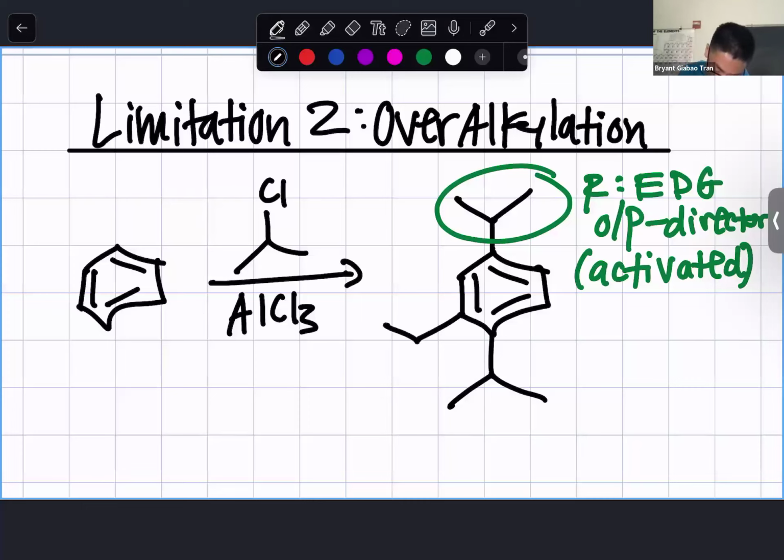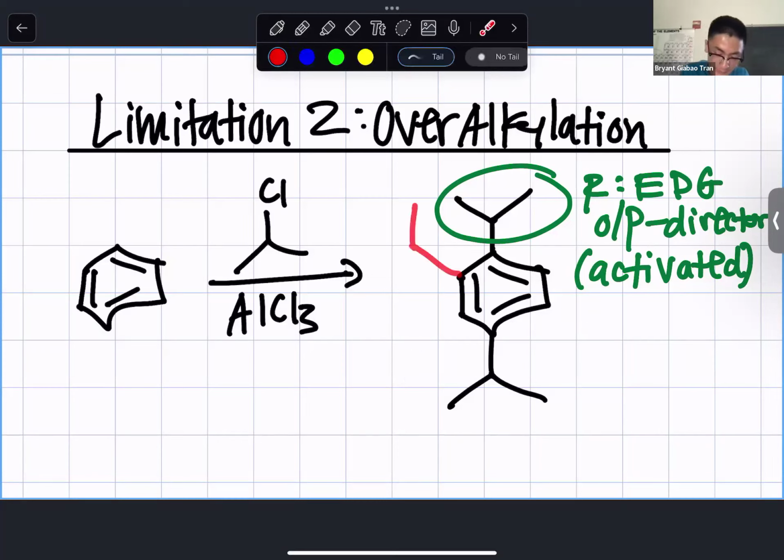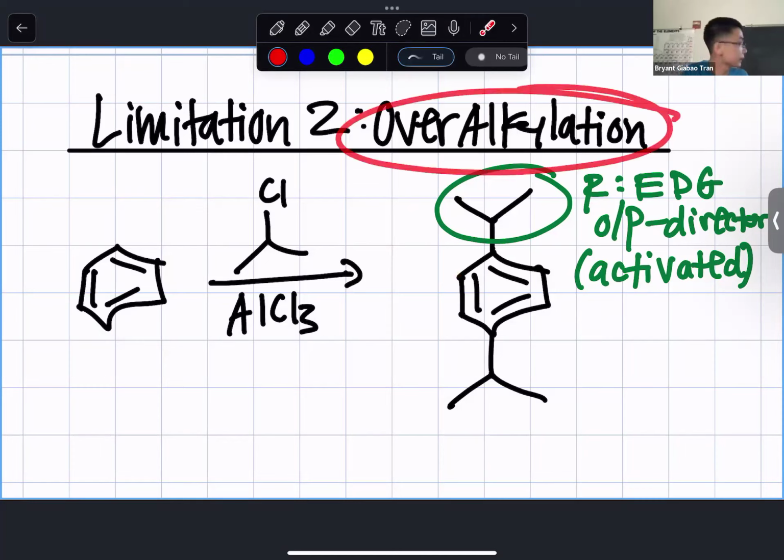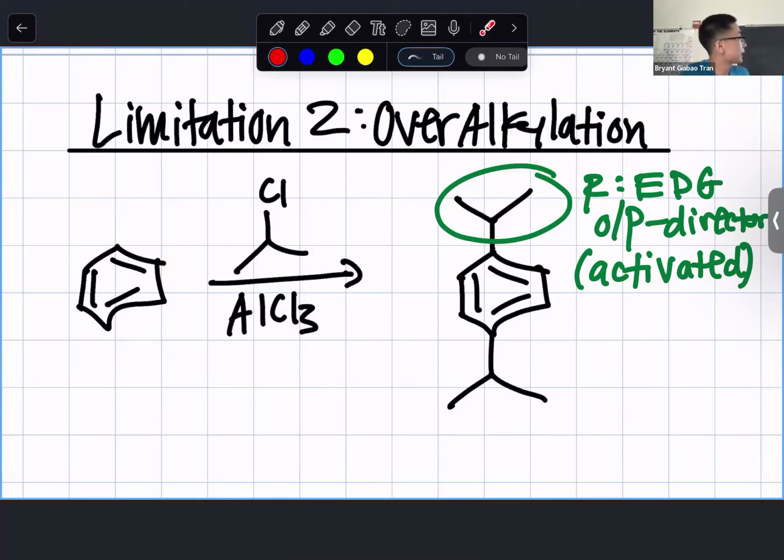And then once that happens, we could keep overreacting, but probably it will just stop here because it's going to start getting sterically hindered, right? But that is the other limitation. It over-alkylates, it overreacts in synthesis, which is why we don't use this that often in synthesis.